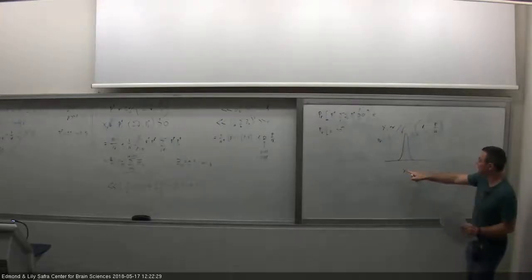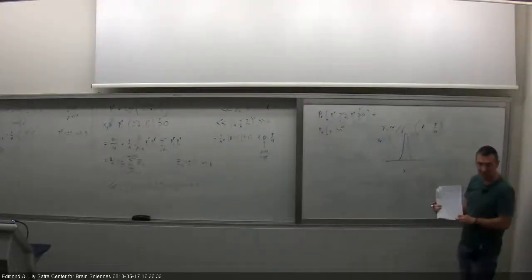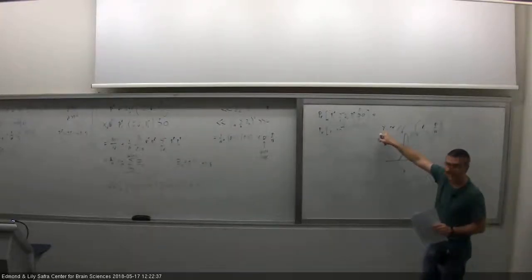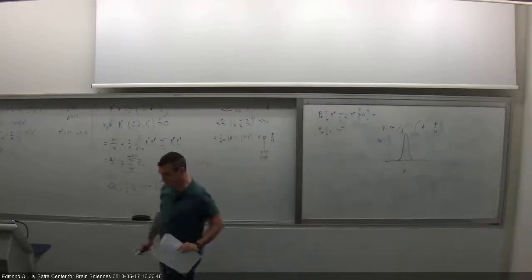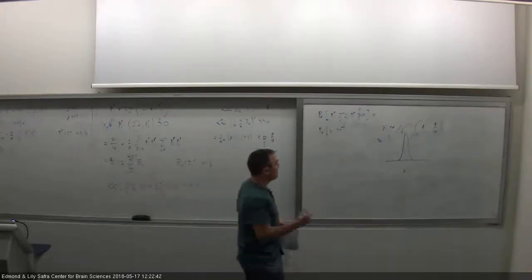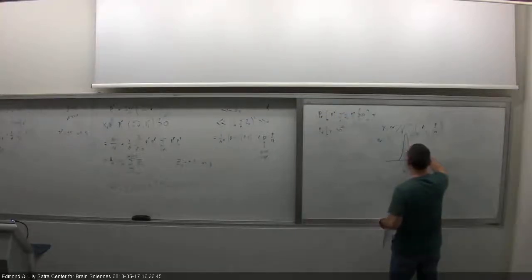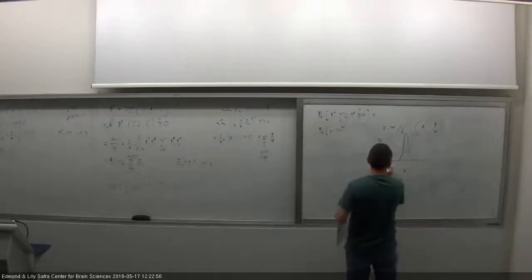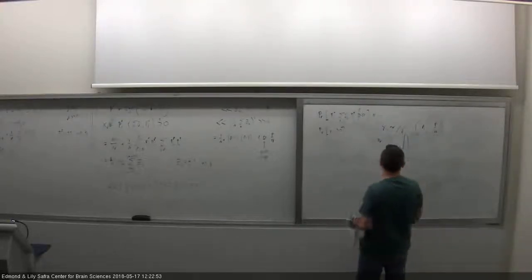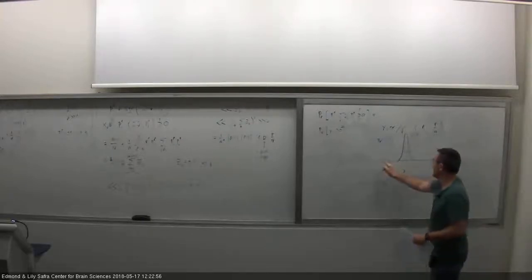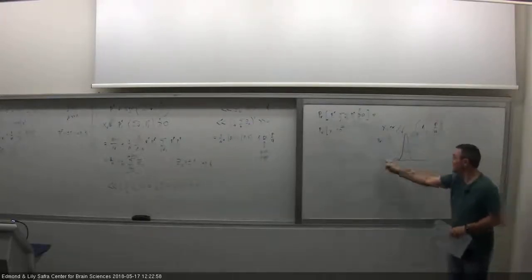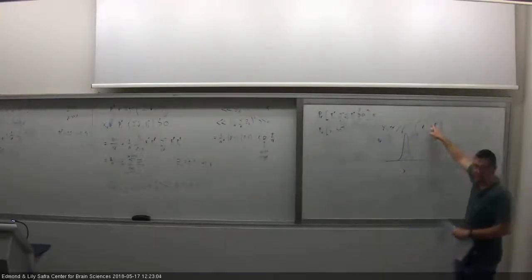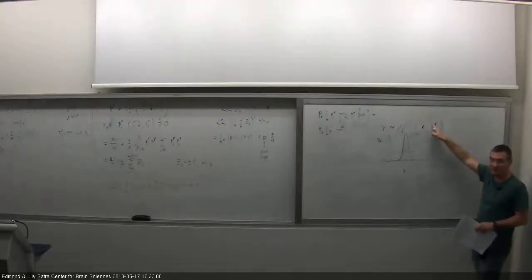So if this distribution looks like this, then the probability of a mistake is very small, because the probability that x_i will be negative is very small. However, if the variance of the distribution is large, and the distribution looks like this, then there is a substantial probability of a mistake, this area under the negative part of the Gaussian. And you can see that the larger p is, the larger the probability of a mistake.